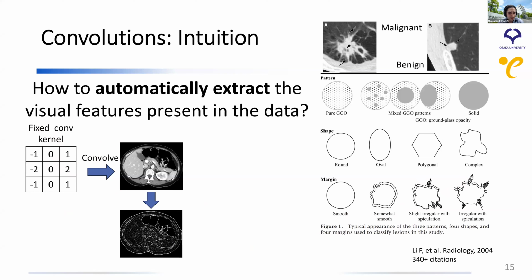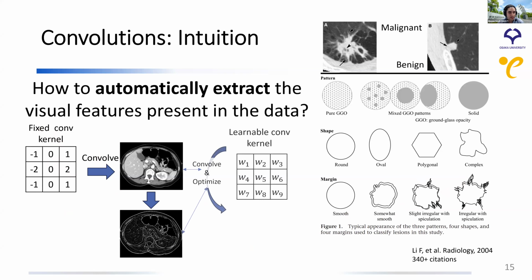However, the idea behind the learnable convolution is that we set these parameters to be learnable. That means these are just variables, and these variables will be learned, optimized iteratively by giving the model the input image and the output image, say an edge enhancement image here, or a disease or some cancer subtype. Whatever it is, the model will try to learn the best ways to produce the features in the image.